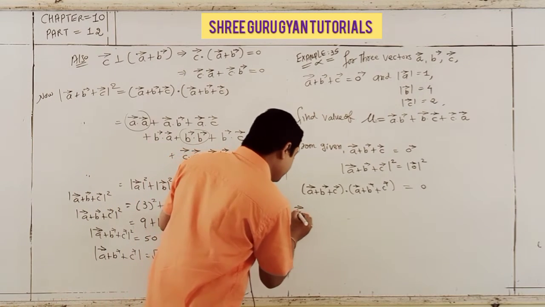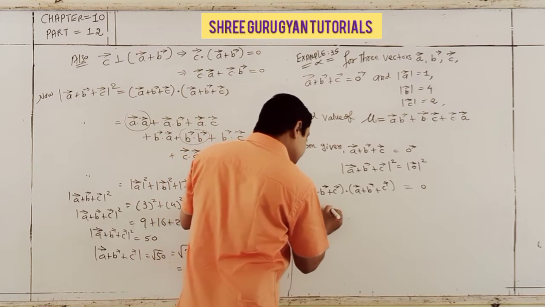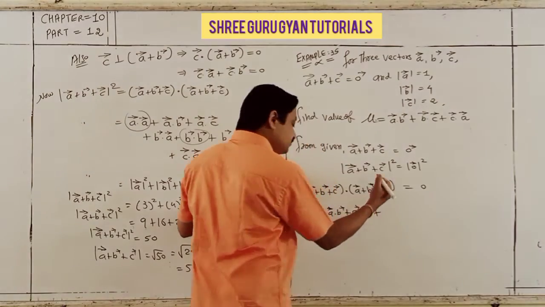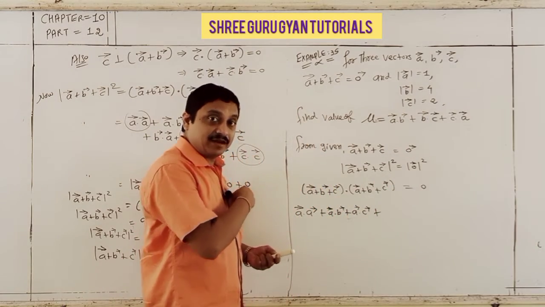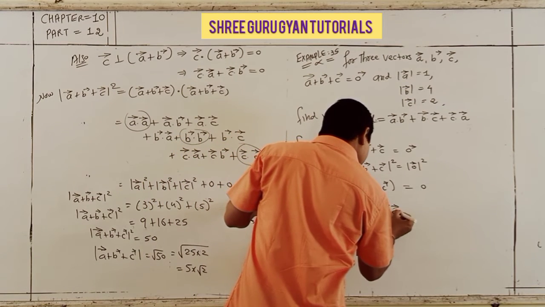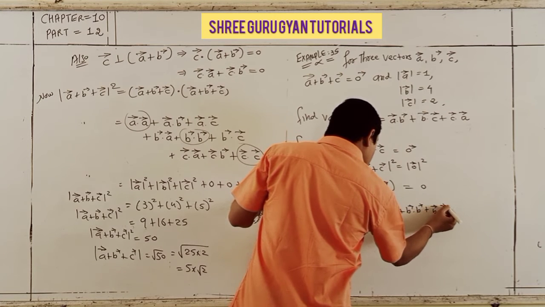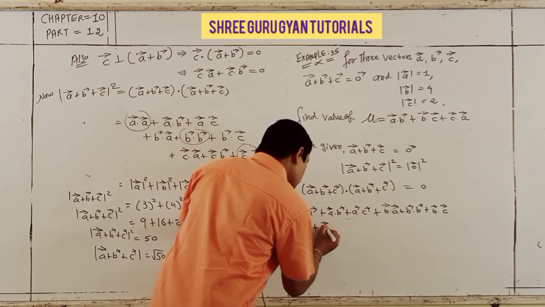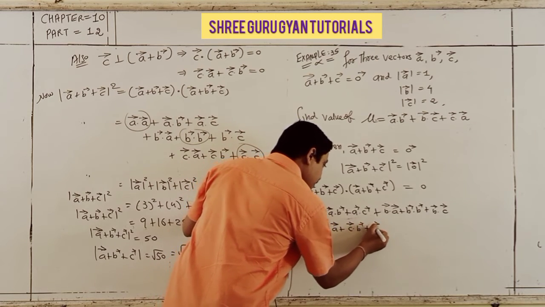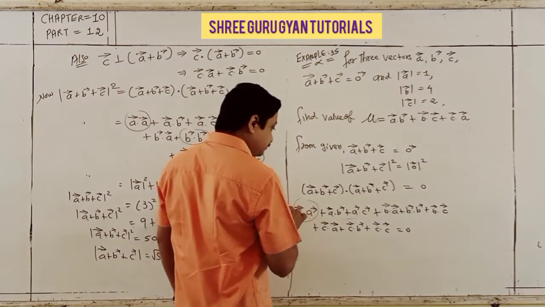So A dot A, A dot B, A dot C. Now the second, B dot A, B dot B, B dot C, and C dot A, C dot B and C dot C.